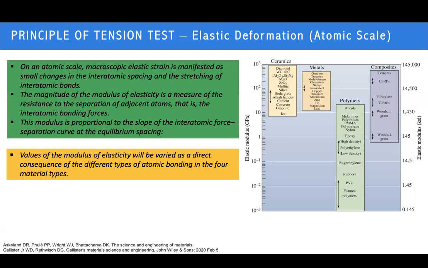Polymers have very weak bonding. Actually, they also have covalent bonding, so many different bonds, but the reason they are weak is that they are very amorphous, and the chains differ in cross-links or branching of the polymer shape. For composites, they combine two different types of materials, so the Young's modulus depends on the materials that you are mixing.